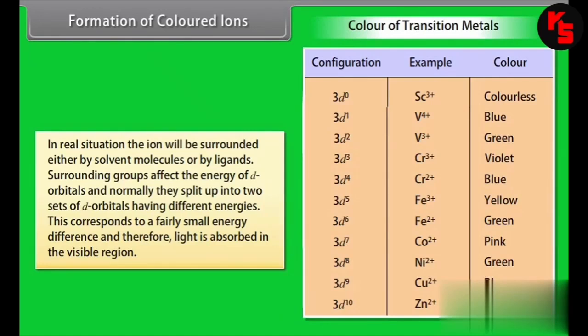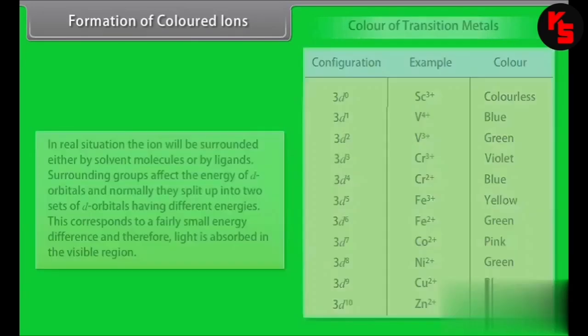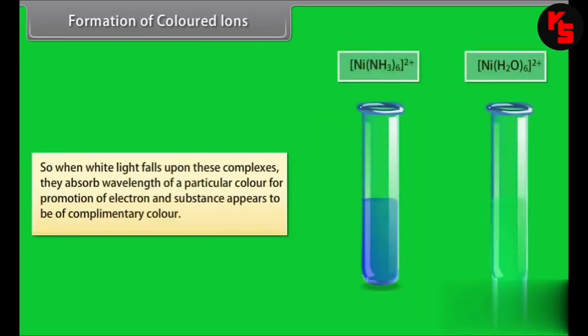Surrounding groups affect the energy of d orbitals, and normally they split up into two sets of d orbitals having different energies. This corresponds to a fairly small energy difference, and therefore light is absorbed in the visible region. So, when white light falls upon these complexes, they absorb the wavelength of a particular color for promotion of an electron, and the substance appears to be of the complementary color.